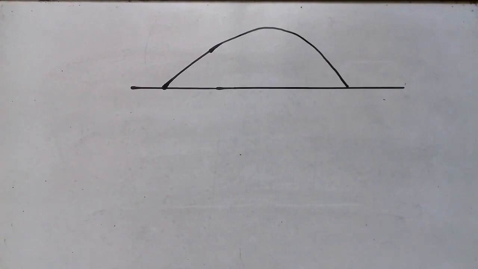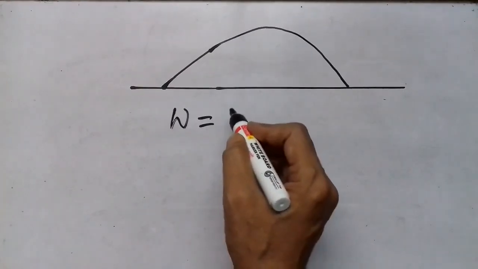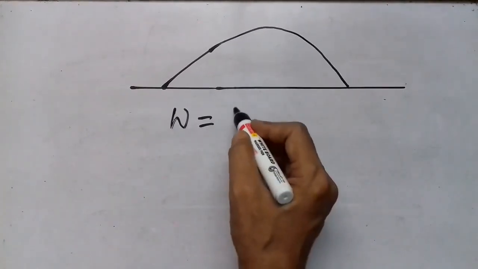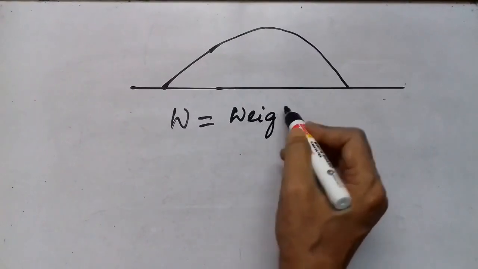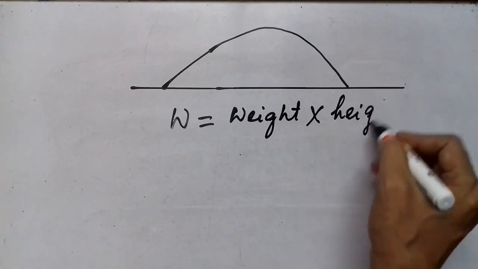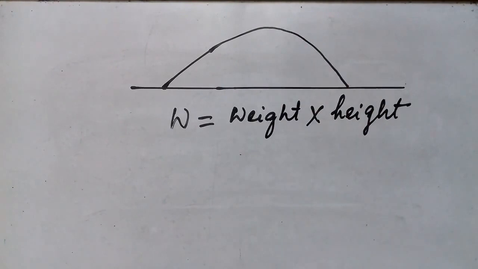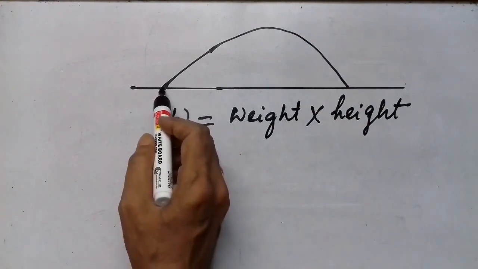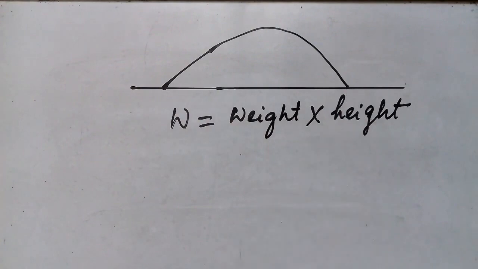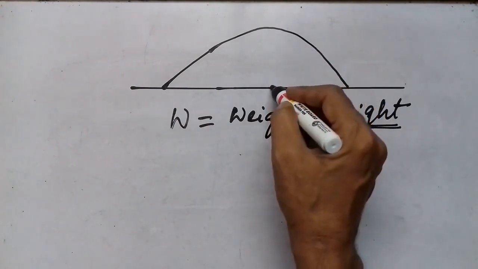Here remember, work done by the gravitational force in this case will be considered as the force by gravity, that is the weight of the object, multiplied by the vertical height the object attains, this height. And since the initial point and the final point lie on the same plane, total displacement becomes 0.